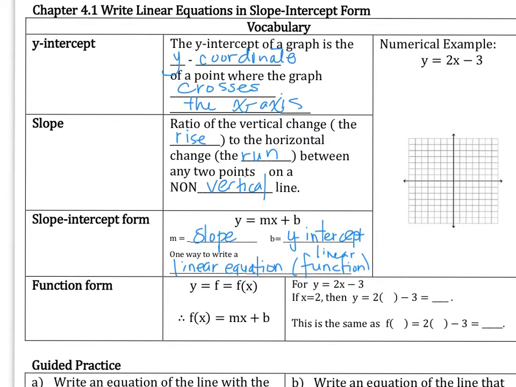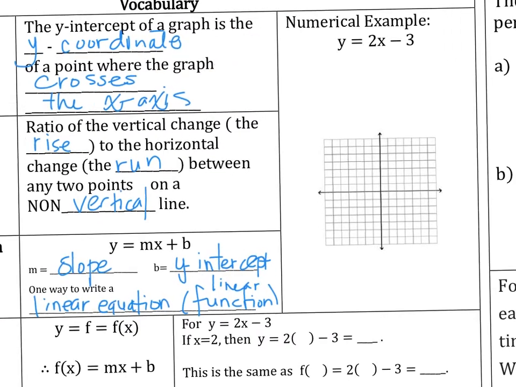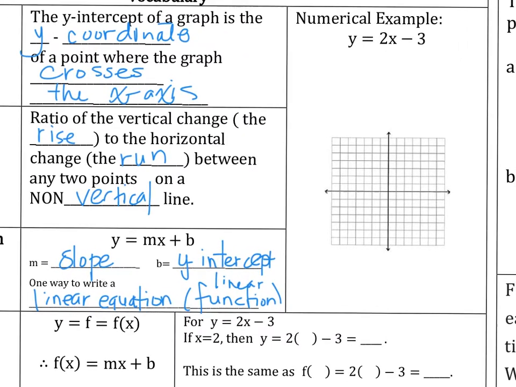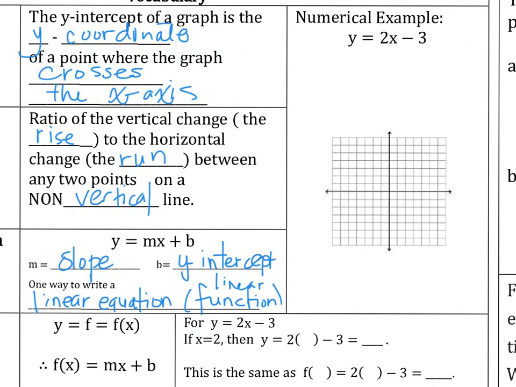Okay, let's take a look at a quick example here to the right. y equals 2x minus 3. According to the slope-intercept form, we can rewrite this as y equals 2x plus negative 3.